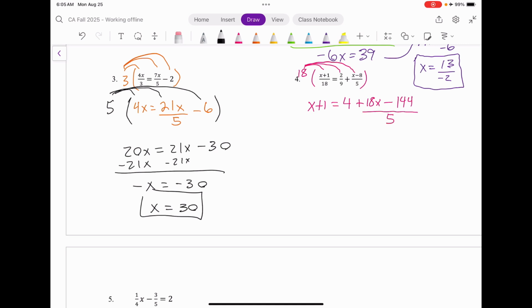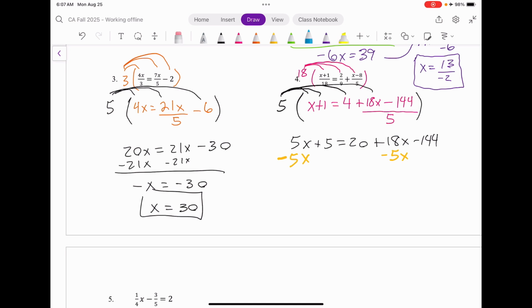And then we can multiply everything by 5 to get rid of the last denominator, right? So we get 5x plus 5 equals 20, and then that denominator will cancel. All right, and then we will get all the x's to one side, and all the constants to the other.